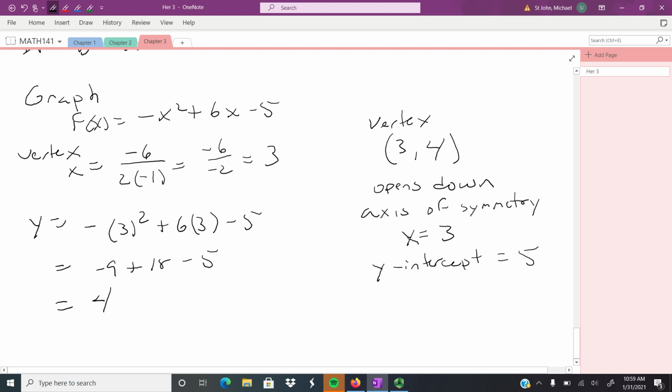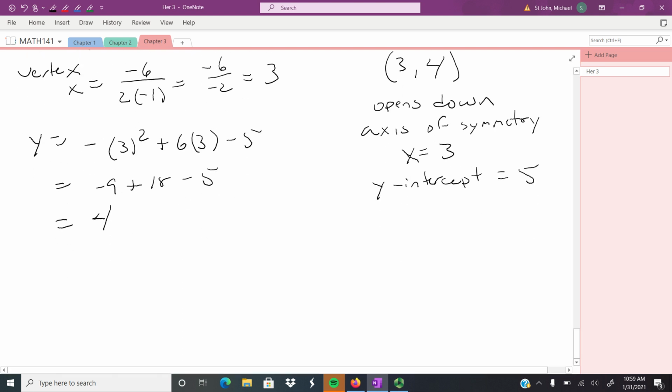Now the other thing we want to know is the x-intercepts. At the x-intercept, the y value is 0. So we're going to have 0 equals negative x squared plus 6x minus 5.